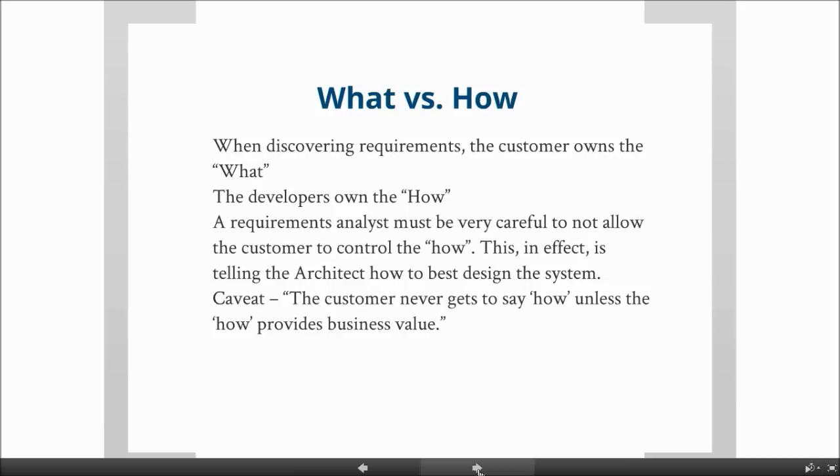It is in effect telling the architect who's going to be designing the system, you're telling the architect how best to design the system. And typically this is no place for a business person on an IT project, is telling the architect how to do something. However, I will argue that there are times where the customer does get to say the how, but only when that how provides business value.